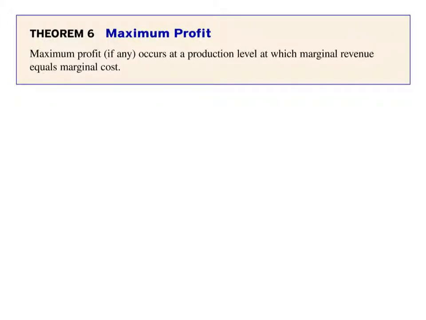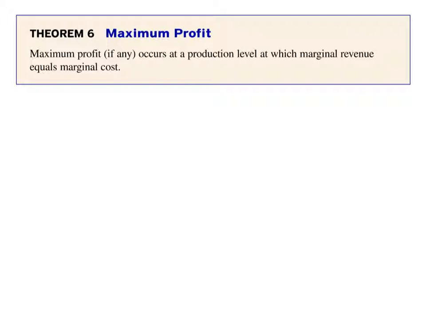Okay, moving on to economics, we want to talk about profits and how we would maximize a profit. In order to maximize a profit, the maximum profit will always be where the marginal revenue equals the marginal cost. And here is why.